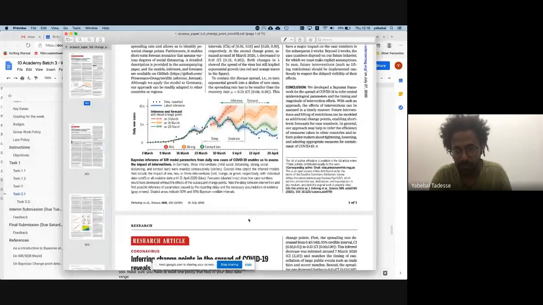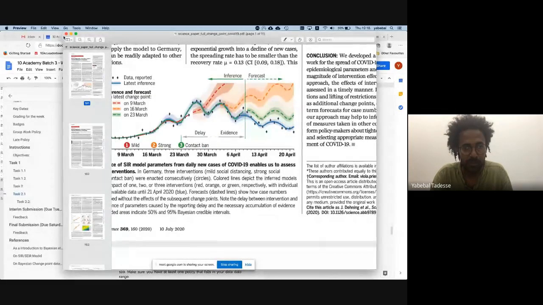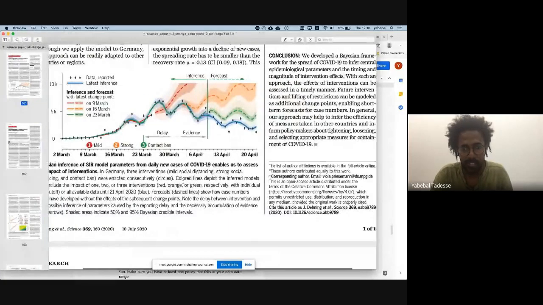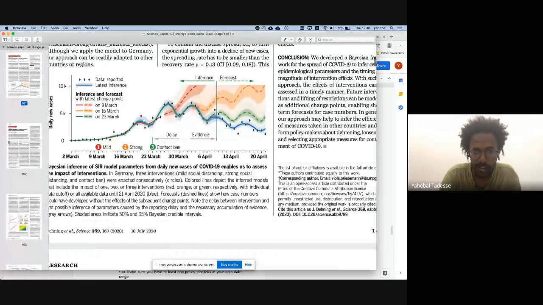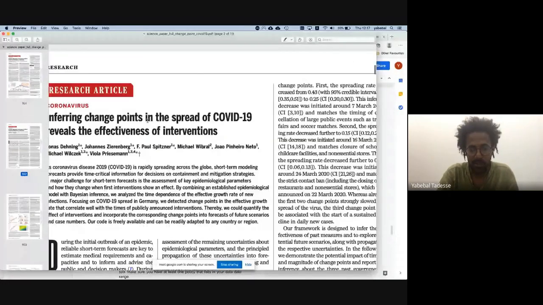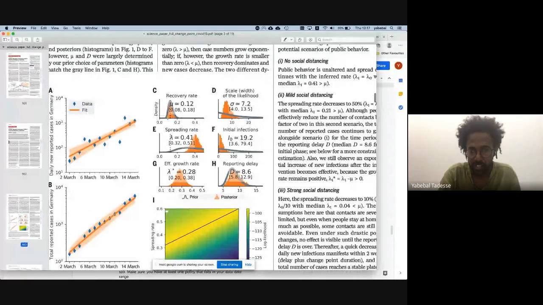Do you see here? These are the data points, while the curves that you see are constructed by drawing from the posterior. This distribution is the posterior for mu, and this is for sigma and the others.